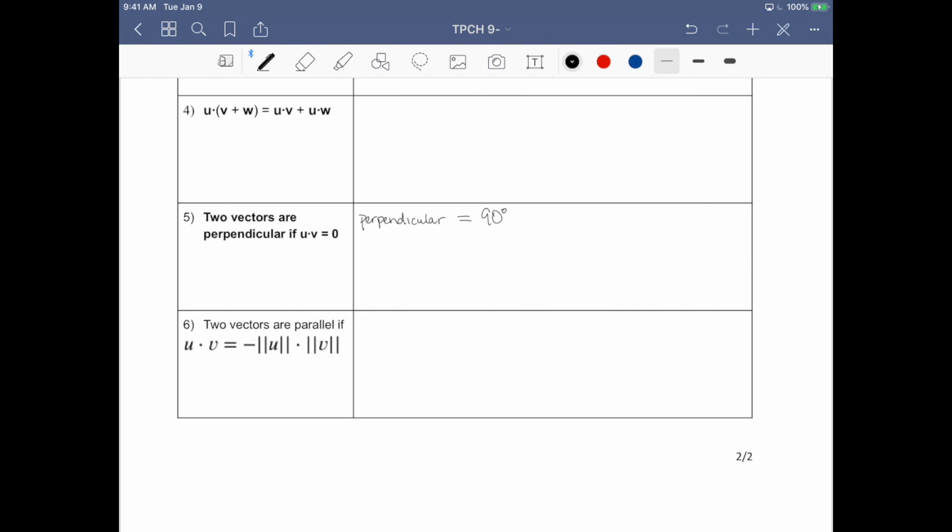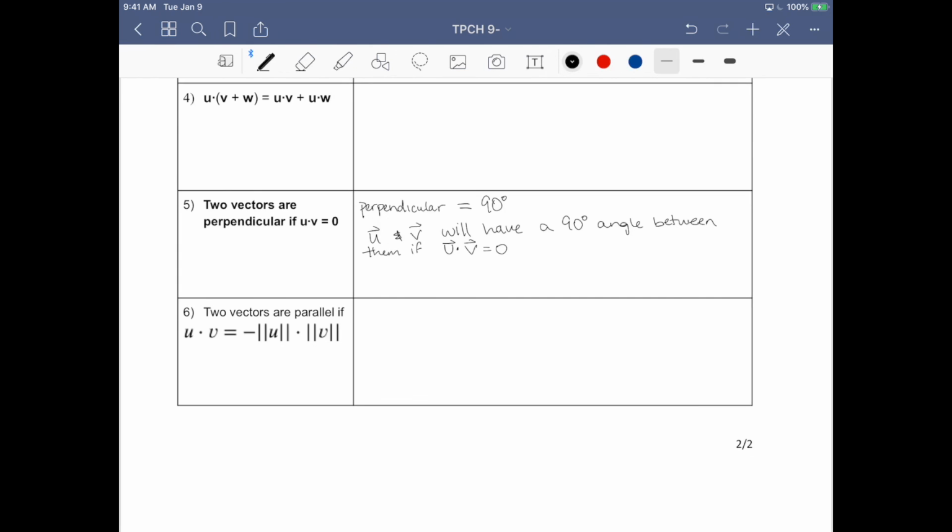So vector u and vector v will have a 90-degree angle between them if u dot v equals 0. Well, why is that, by the way?